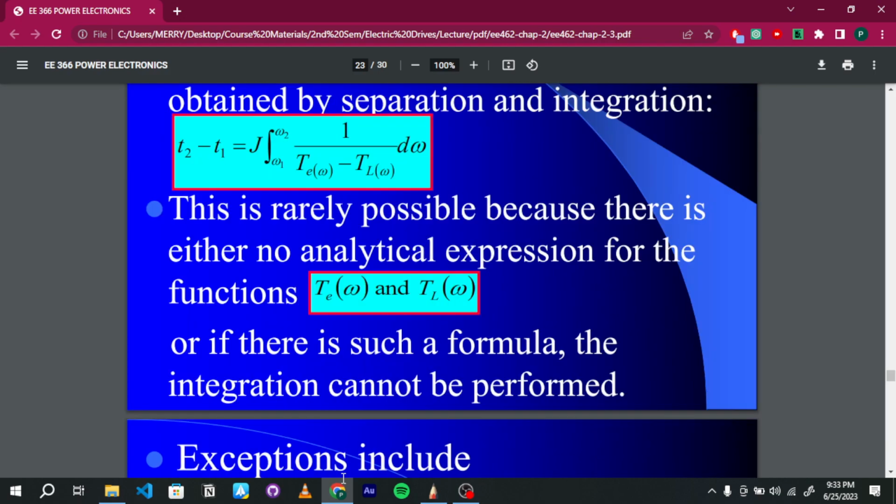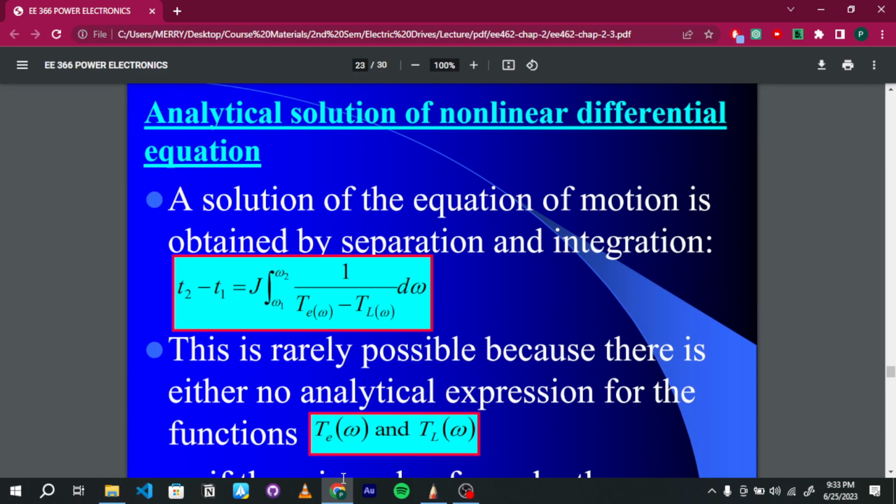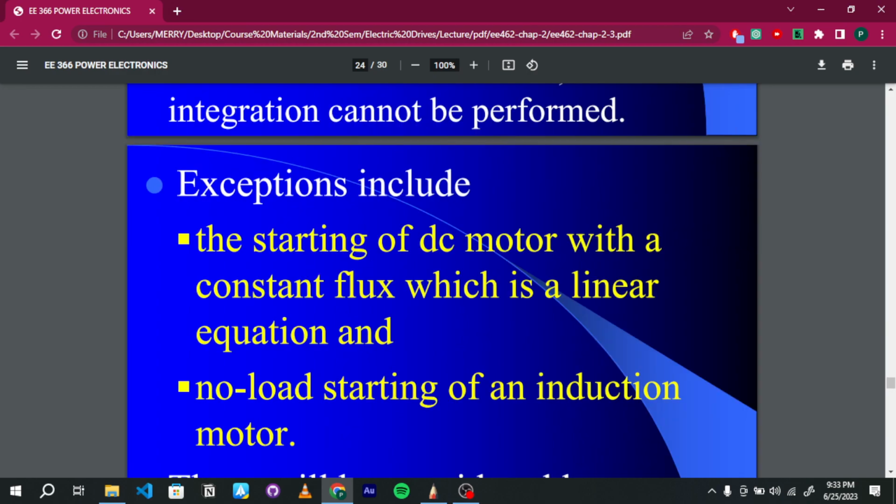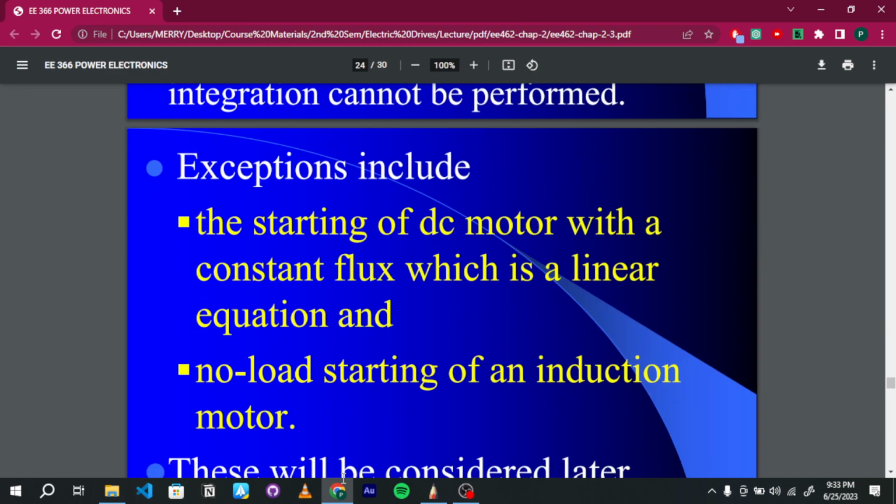So now you see that for the analytical method, a solution of the equation is obtained by separating and integrating this. But this is rarely possible because there is either no analytical expression for TE and TL, or if there is such a formula, the integration cannot be performed. There are some exceptions, of course.